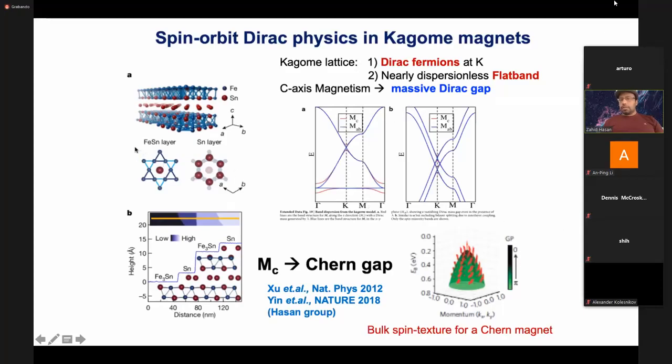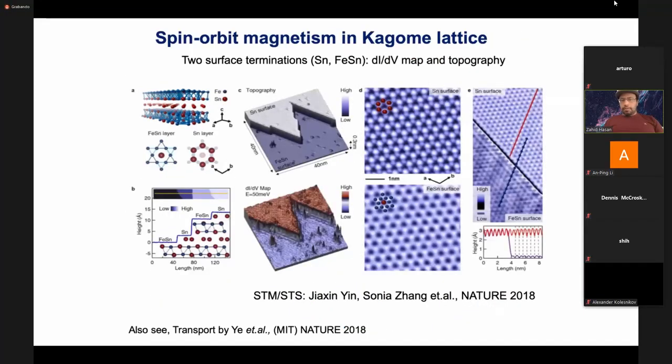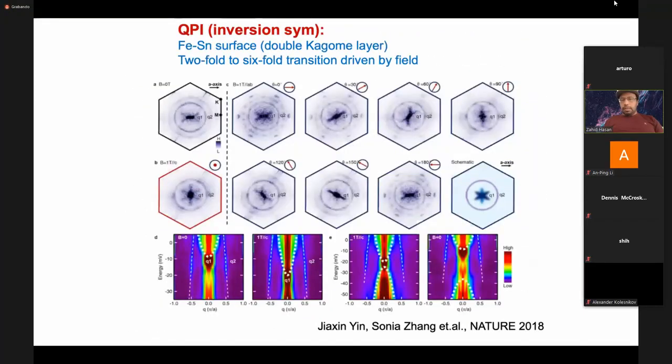One such material that we applied these ideas to is this iron tin compound. It is a Kagome system, so it has a flat band and also a magnetic gap. If you have a magnetic layer, then this Dirac fermion will create a Chern gap. And then we can do STM or ARPES, and I'm going to jump into something beyond the Chern gap.